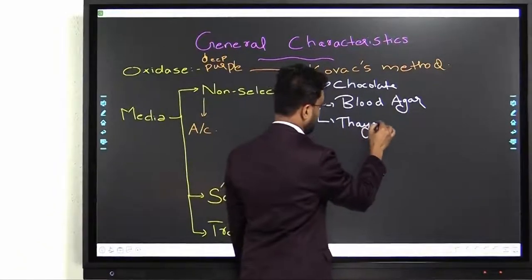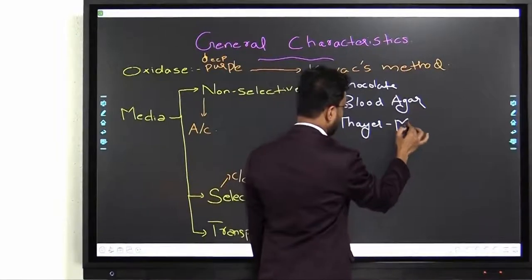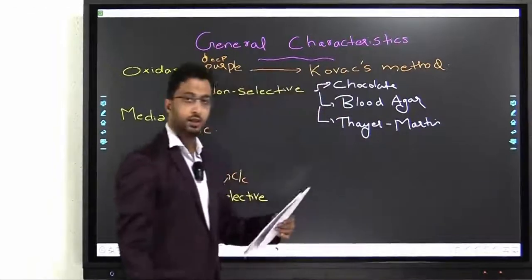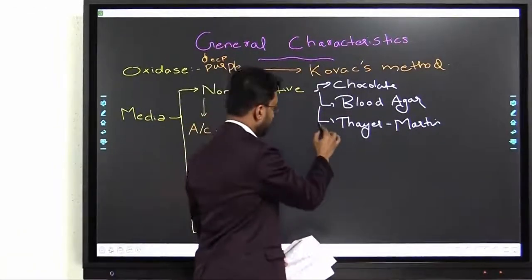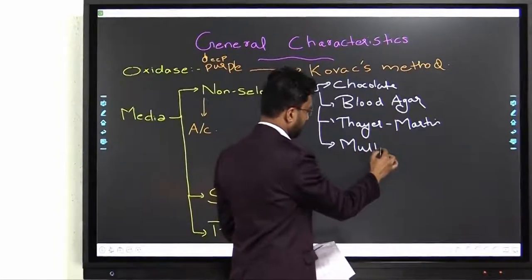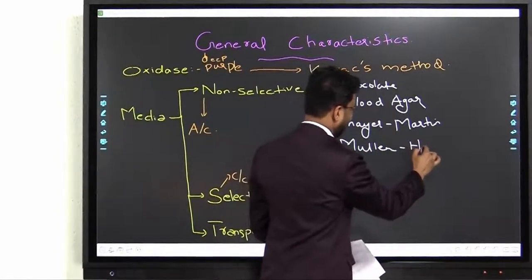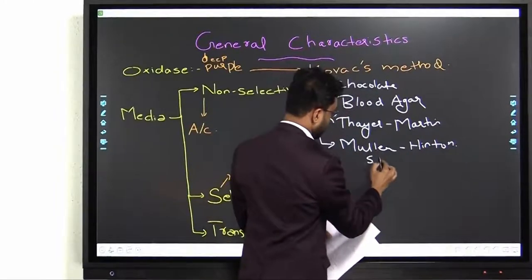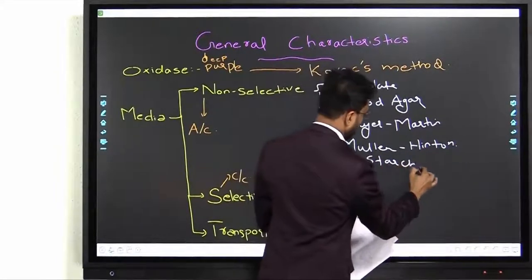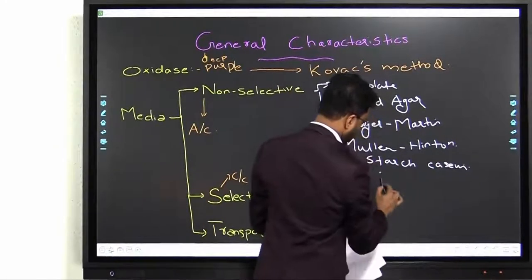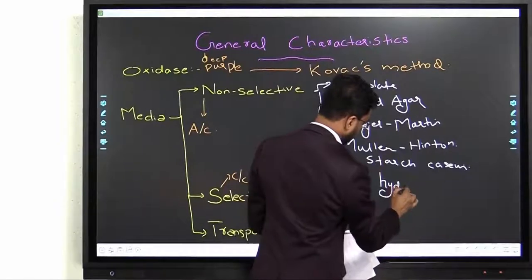Don't confuse, it's not selective here; I'll tell you which form of Thayer-Martin is selective. And then you have very tough names: Mueller-Hinton, starch-casein hydrolysate agar.